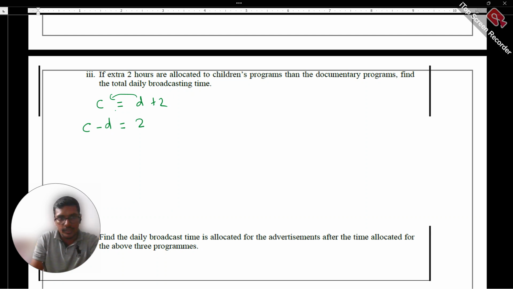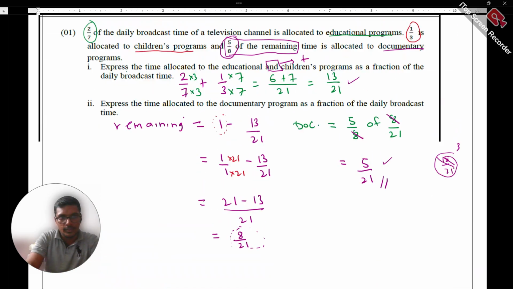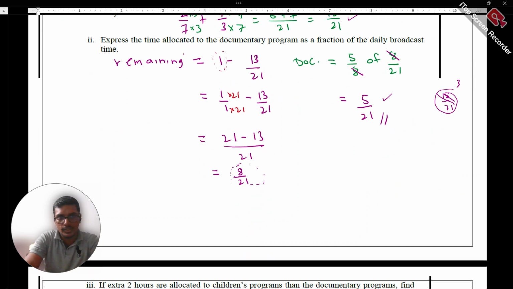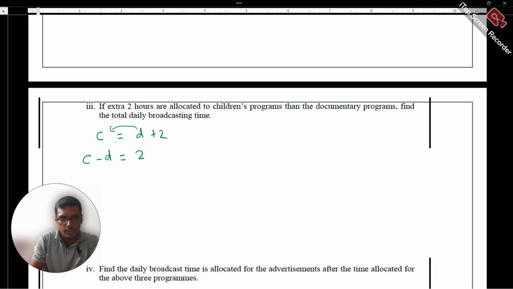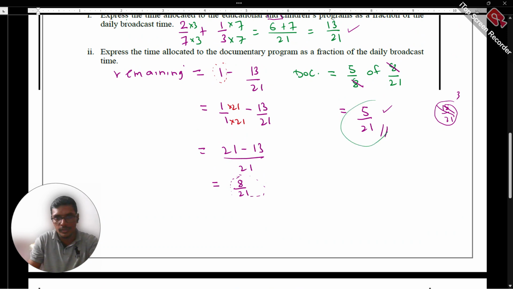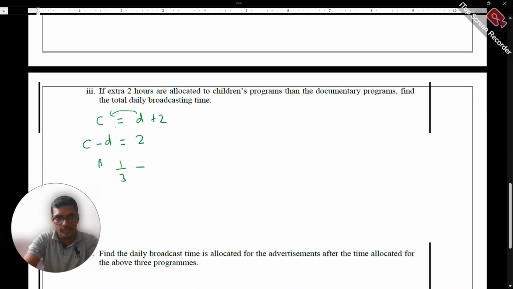So the children's program fraction was 2/7? No, that is education. Children's is 1/3. So from that 1/3, I should subtract the time taken for documentary programs, which is 5/21.